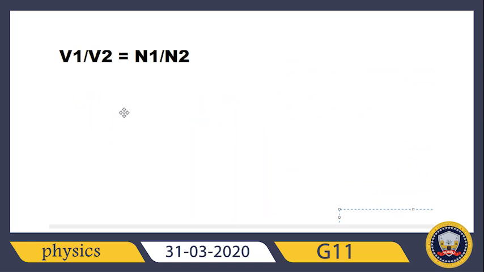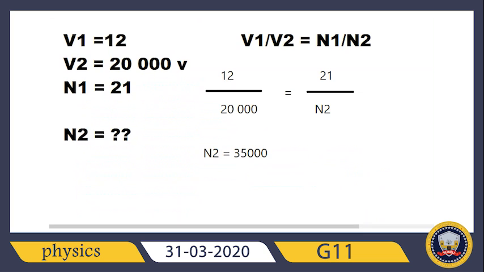Or we can solve it like this: V1 divided by V2 equal to N1 divided by N2.